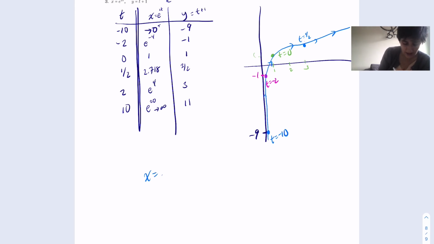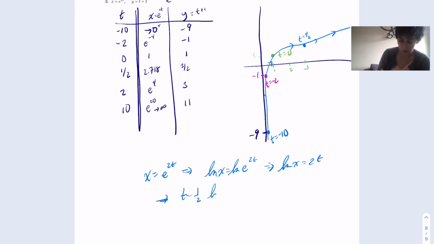Okay. X is equal to e to the 2t. Well, what does that tell us? Take the logarithm of both sides. Ln of x is equal to the ln of e to the 2t, which tells us that ln of x is equal to 2t, which tells us that t is equal to 1/2 ln of x.